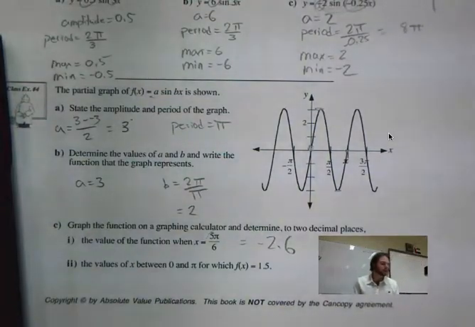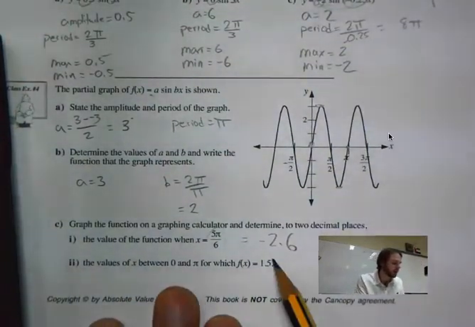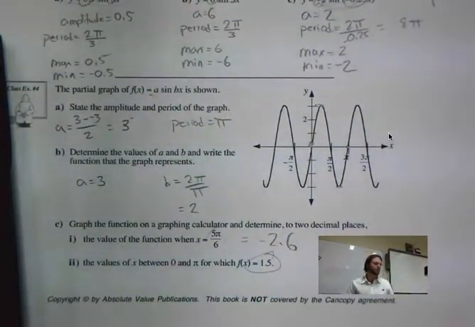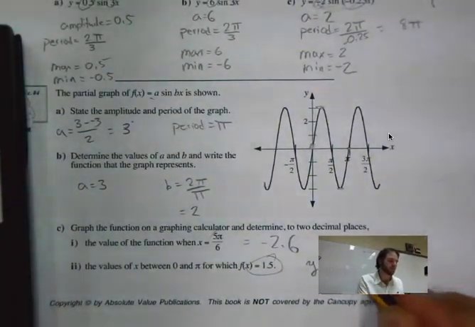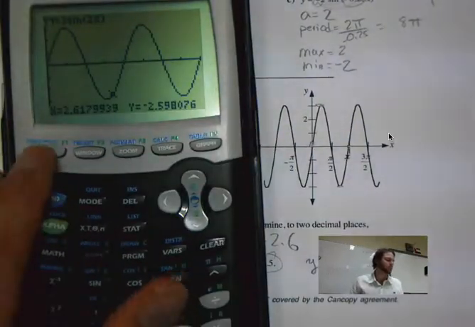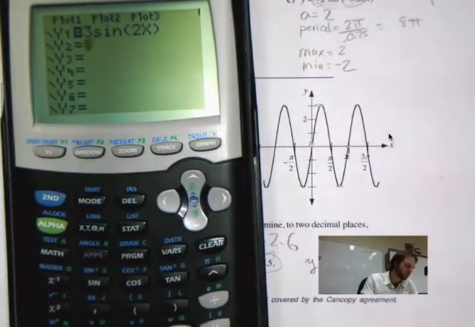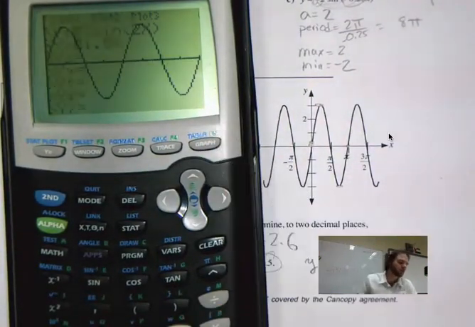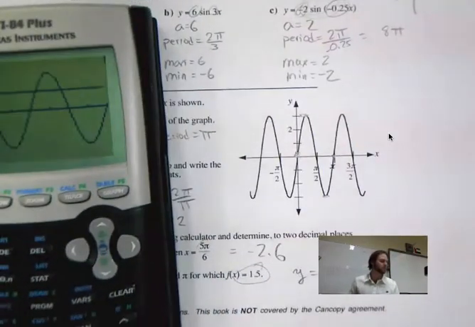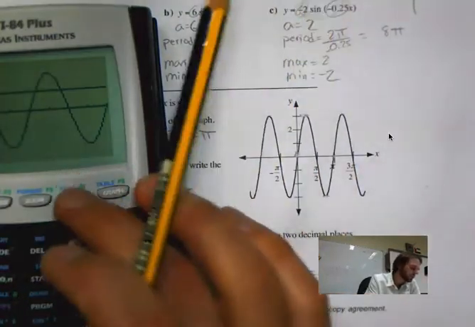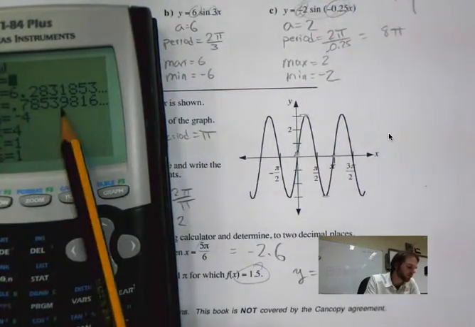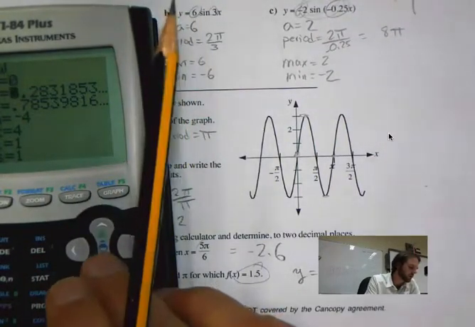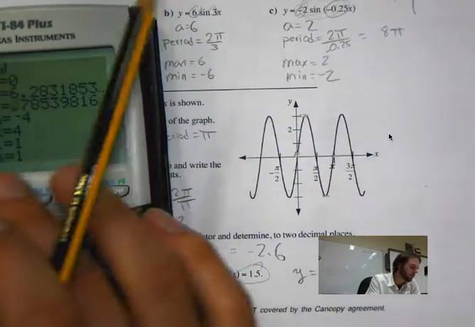Okay? Then it says the values between 0 and pi for when y is equal to, this is the same thing as when y is equal to 1.5. So I'm just going to have to go here and put 1.5. And we're going to graph. And we want between 0 and pi. So if I go to my window, everything's counted by pi over 4.